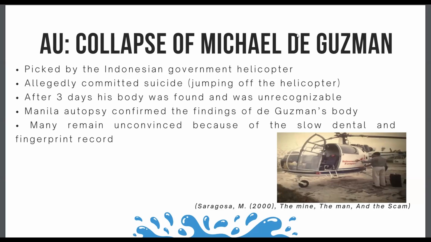And doon sa kanyang handwritten notes, kaya nasabing suicide, yung mga suicide note daw niya, in-indicate niya na nagpakamatay daw siya kasi nagsasuffer siya sa hepatitis B, which contradicting sa medical documents niya na hindi naman siya ganun ka-serious, hindi pa naman ganun ka-major yung kanyang hepatitis.